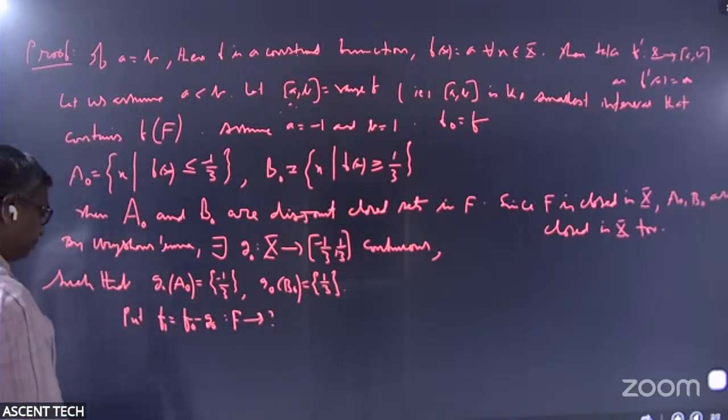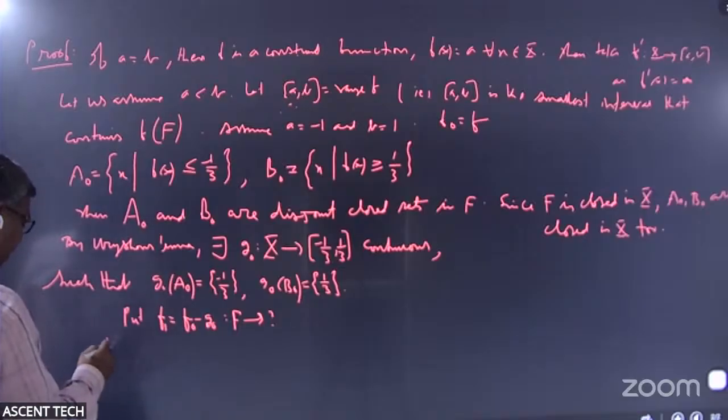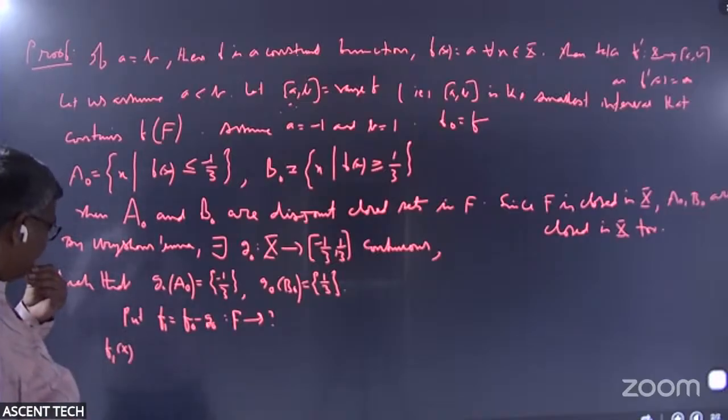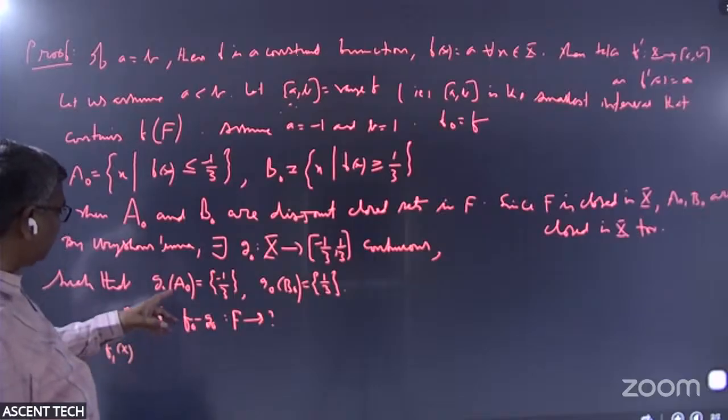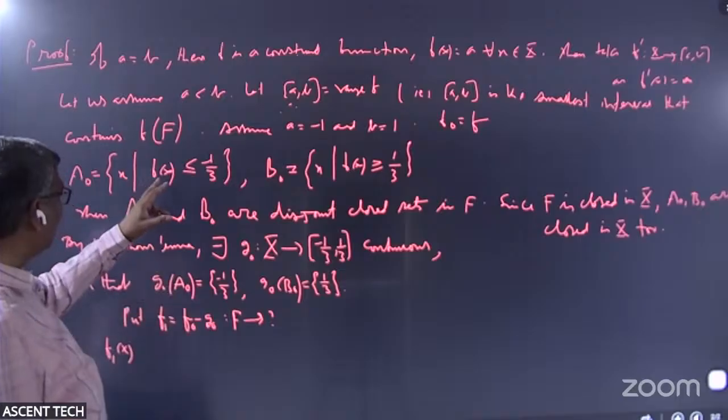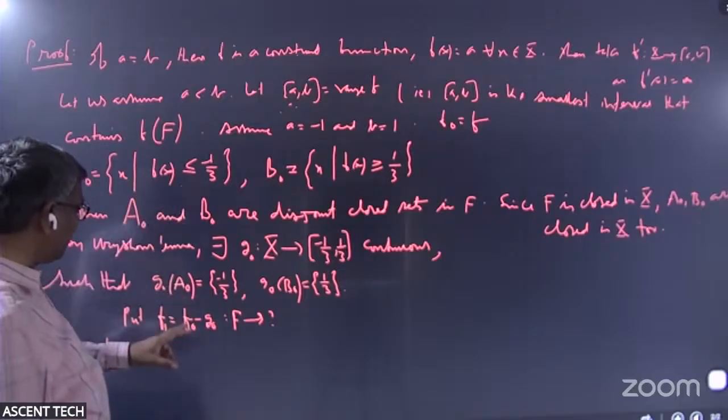Notice the following. f1 at any x, if I really look at it, if x happens to be in A naught, these values are all f of x less than or equal to minus 1 by 3.